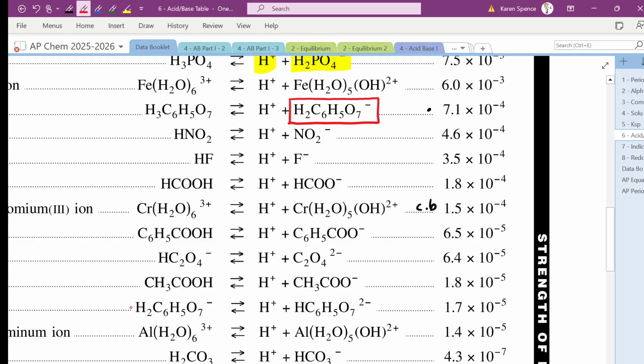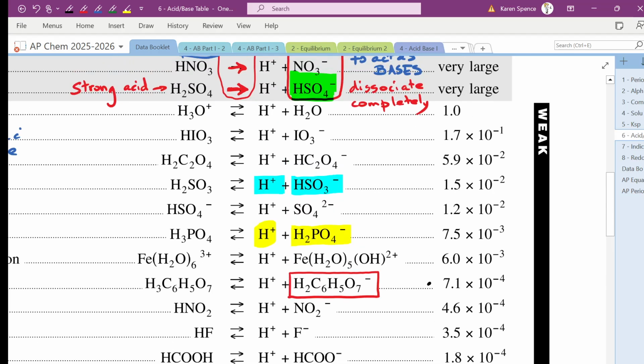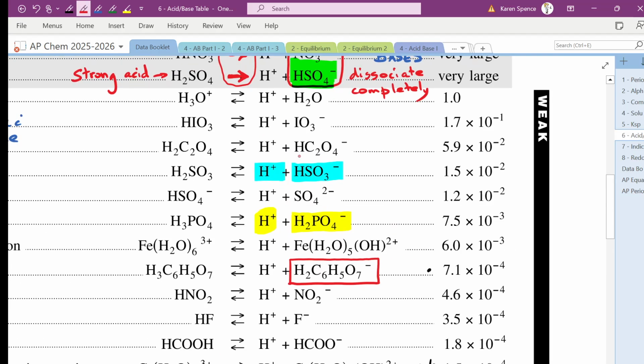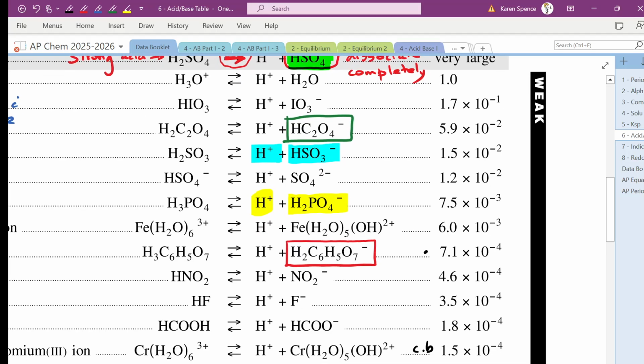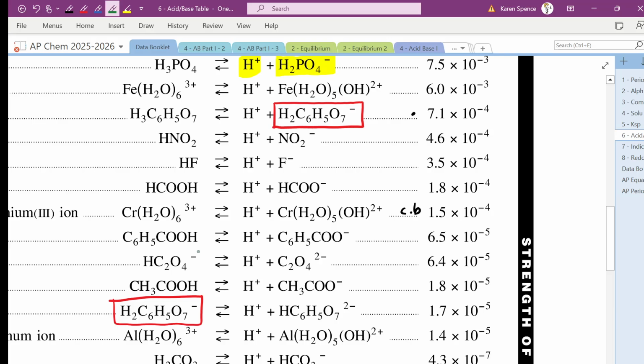And if we go down, we've got H2C6H5O7 minus. We also have HC2O4 minus. And if we go down further, HC2O4 minus. Yeah? Mentioned earlier, people were saying ammonia and H3 for a strong base.